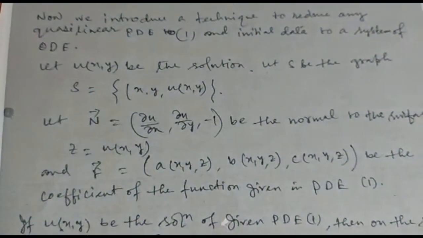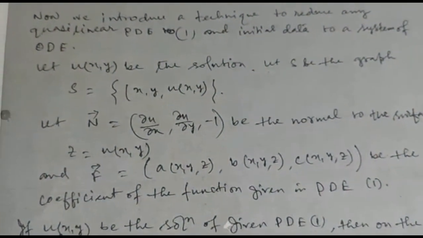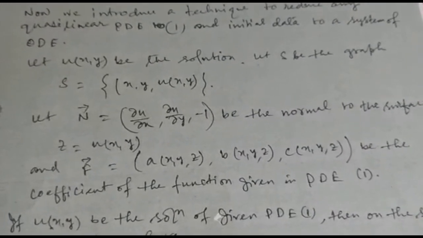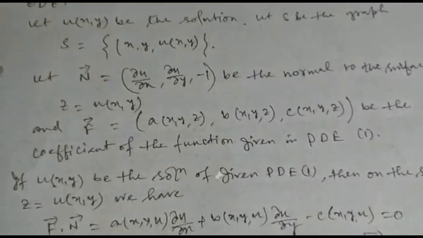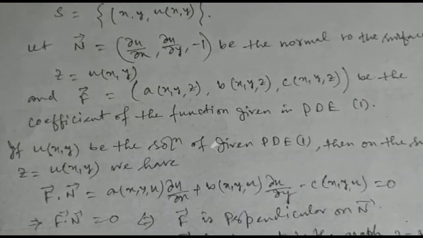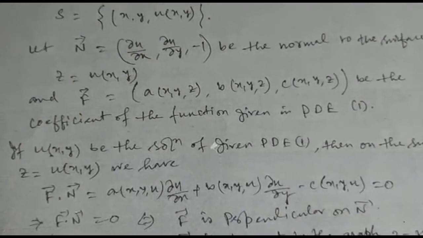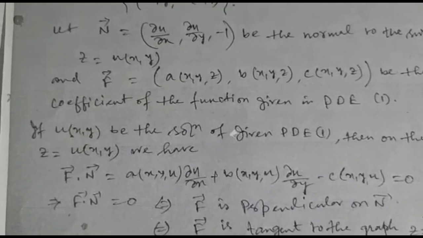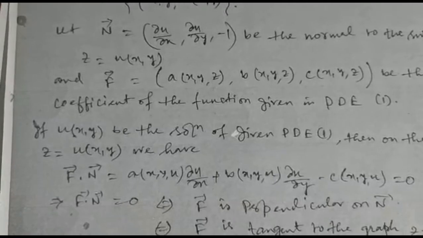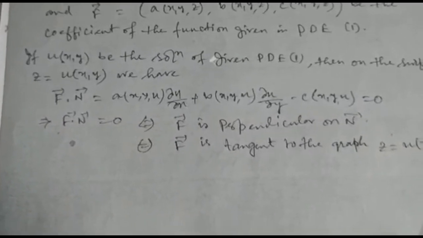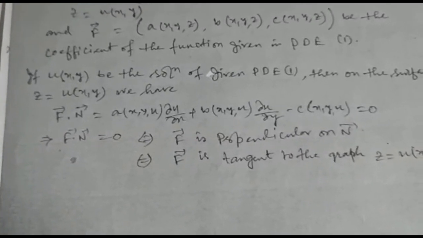So we take n = (∂u/∂x, ∂u/∂y, -1) as the direction ratio of the normal, and we got f dot n = 0. So it implies that the vector f lies in the tangent plane of the surface z = u(x,y), because the dot product is 0, and since n is normal.